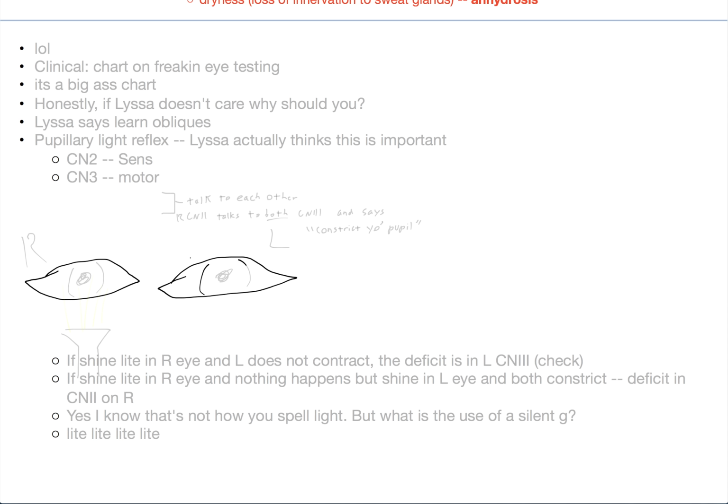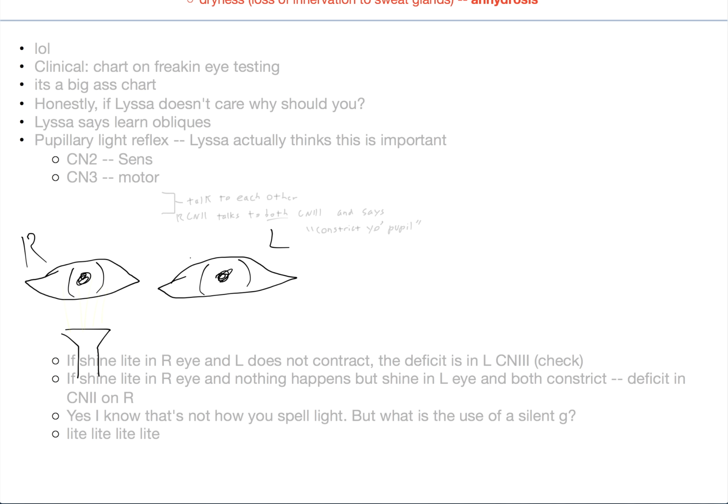The right eye perceives the light with cranial nerve 2. So the sensation is the perception of light. It's vision. So cranial nerve 2 is the sensory limb.